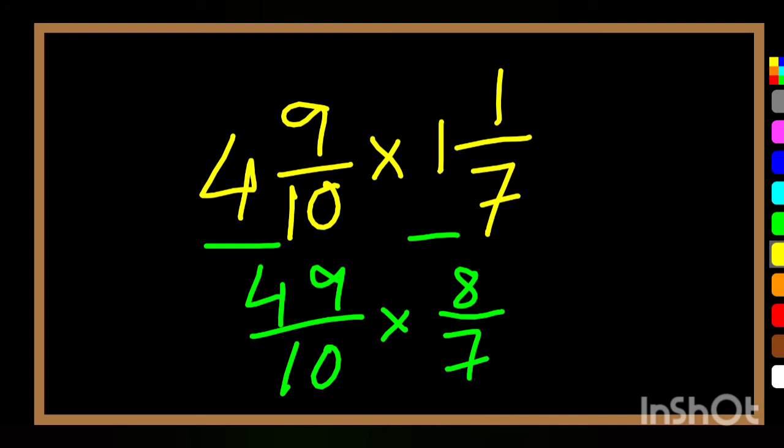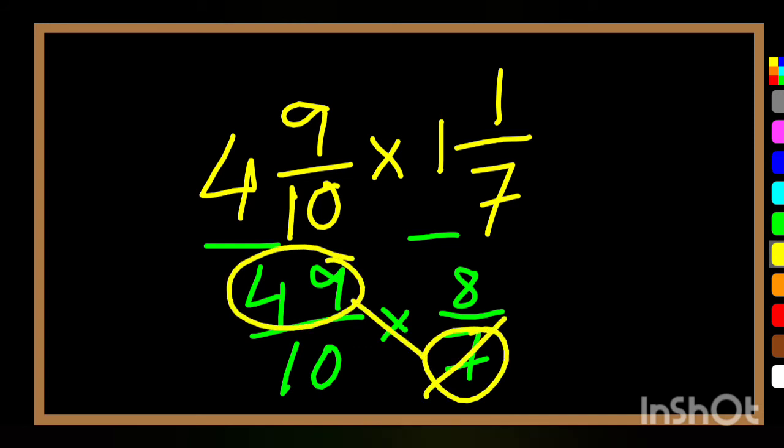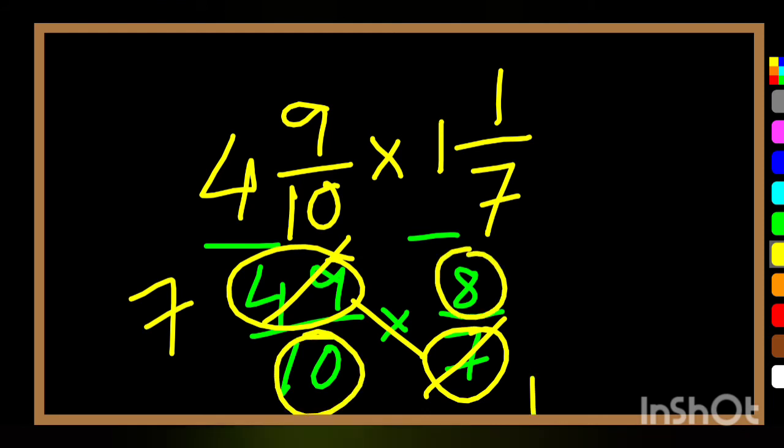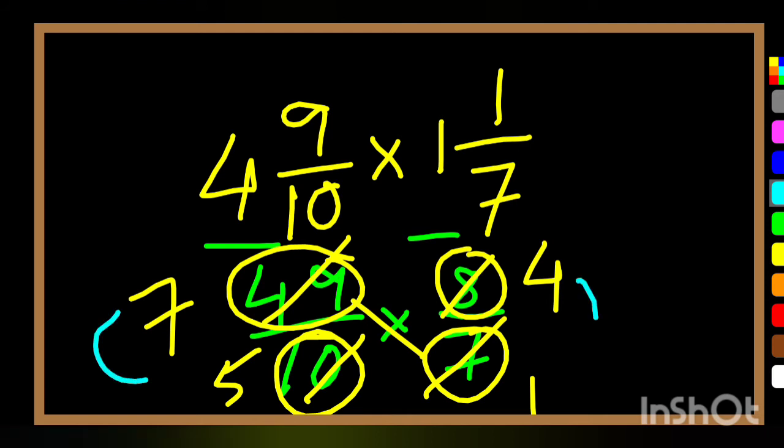Now we will check these two numbers diagonally first. Now again these two diagonal elements will be reduced by 2 first, so it is 4 and it is 5. Now we will check these numerators and denominators.